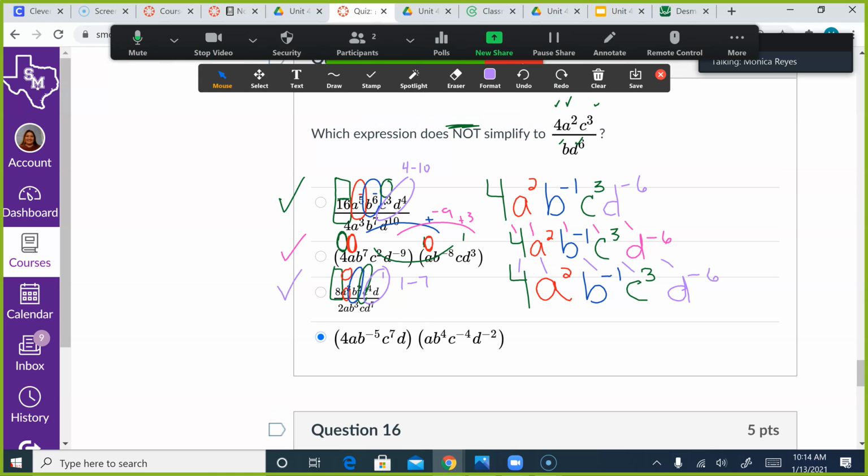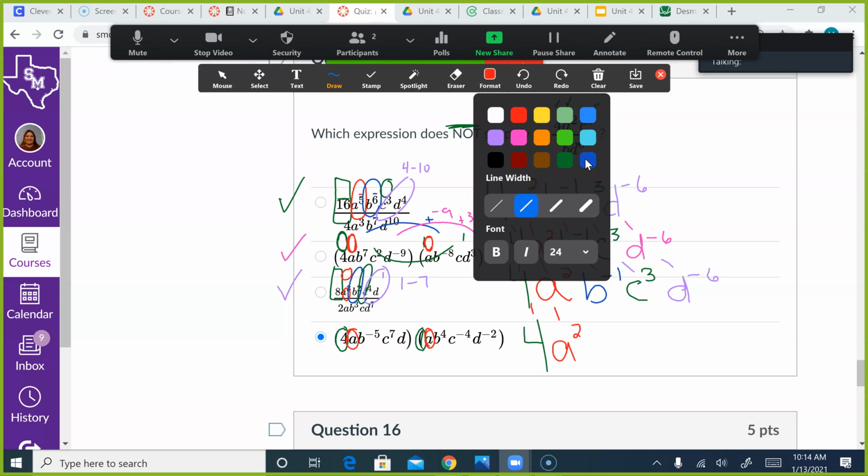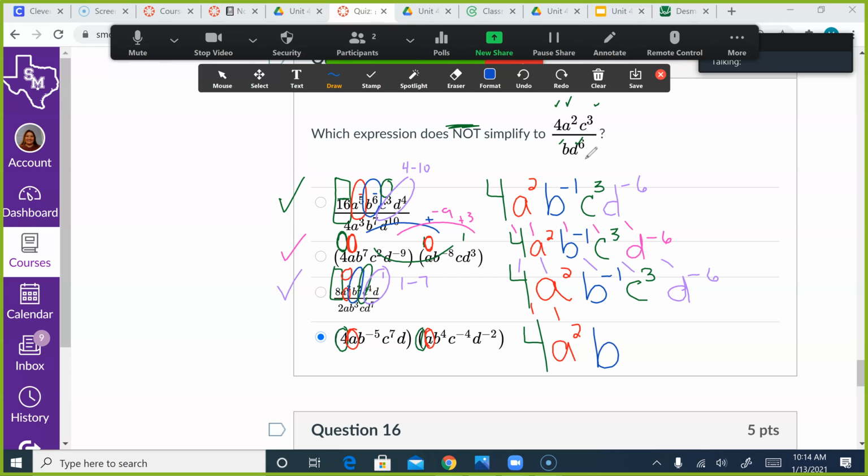So here we get a 4 times a 1. 4 times 1 is 4. And then we combine the A's. We get an A and an A, makes A squared. So right now, they're still the same. For the B's, negative 5 and 4.